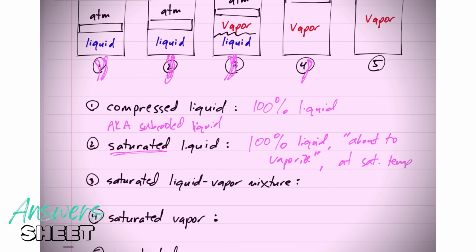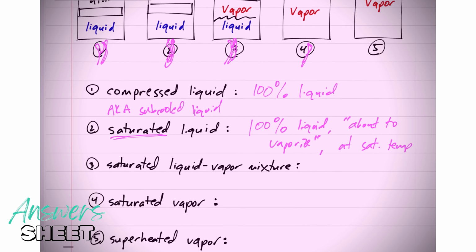Okay. All right, then at state 3, it's a saturated liquid-vapor mixture. It's not like all of this liquid changes slowly to vapor. A portion of the liquid goes straight to vapor. Another portion of the liquid, another particle goes straight.